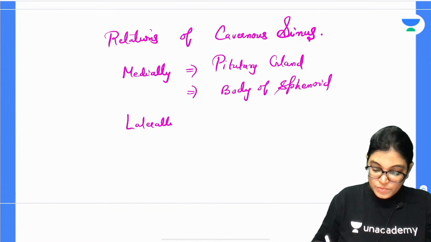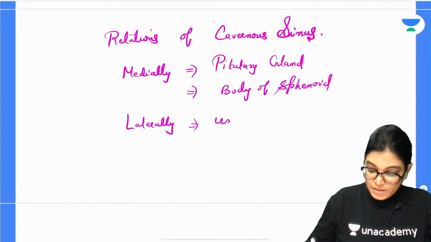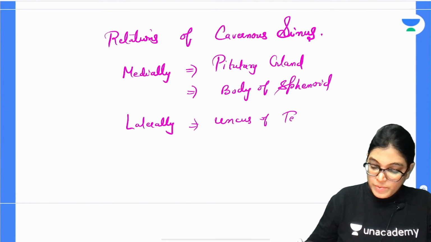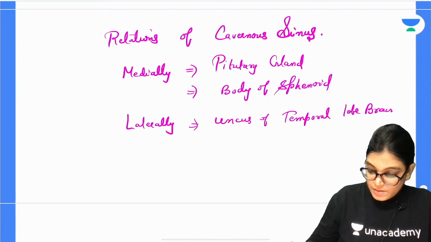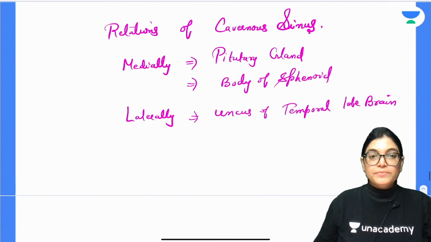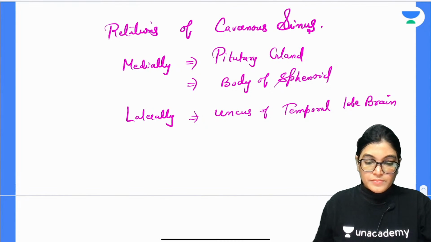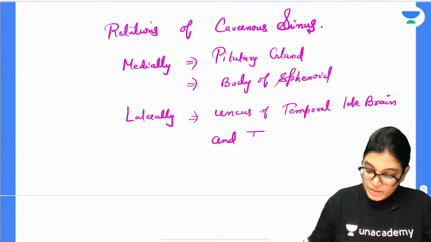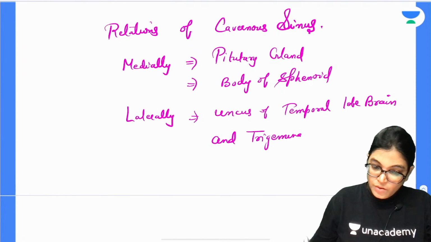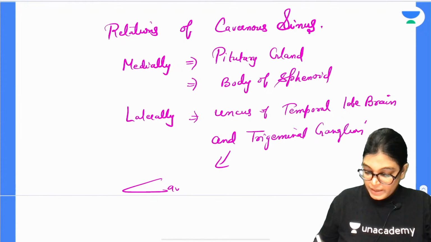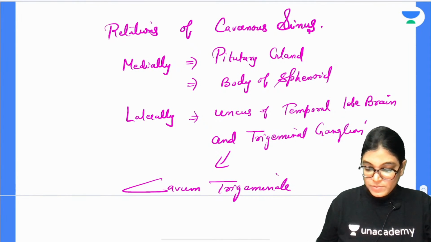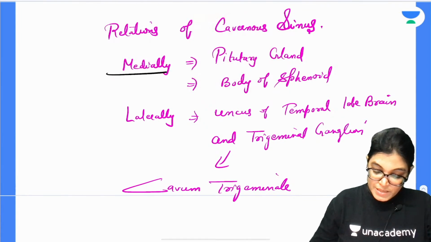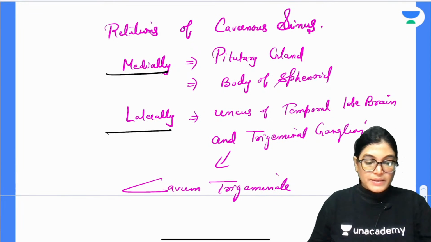Laterally it is related to the uncus of temporal lobe of the brain, and also to the trigeminal ganglion lying in the trigeminal cave on the lateral aspect. So these are the medial and lateral relations of cavernous sinus.